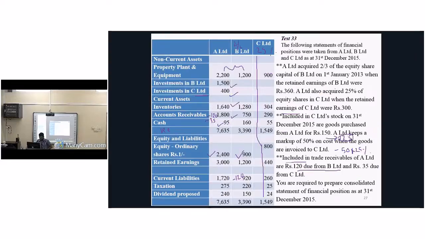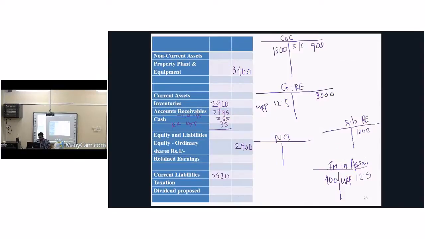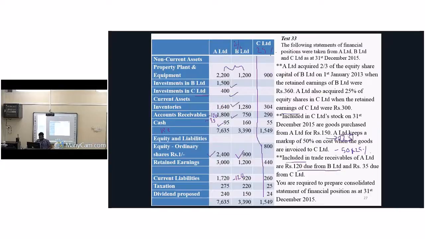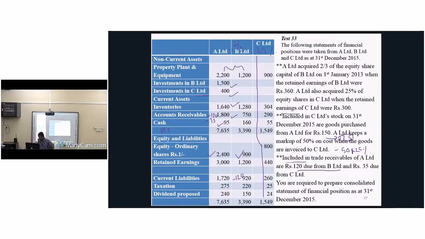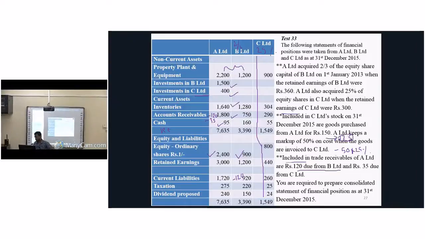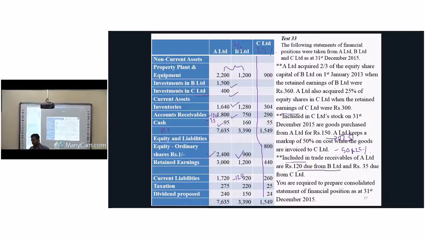Tax payable no change, 275 and 220, 495. Then dividend proposed balance here 240. And out of this 150, how much we will get? We purchase 1/3, no? Therefore, it is kind of intercompany thing again.